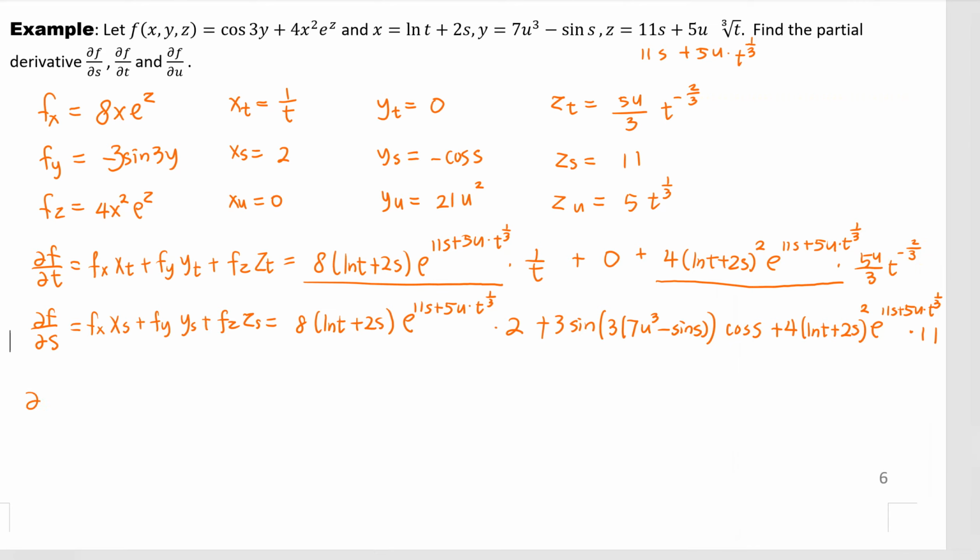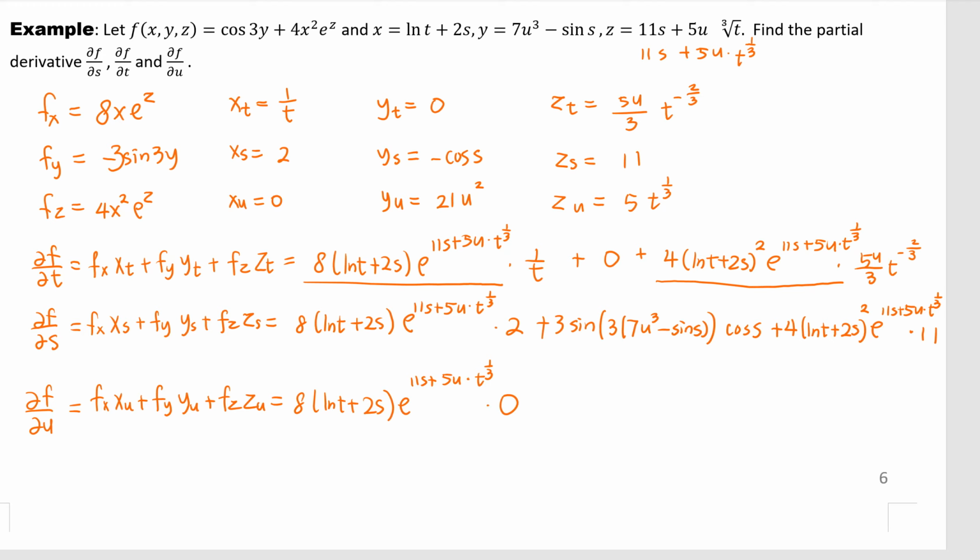And then partial f partial u: fx xu, fy yu, fz zu. fx is still the same, but times xu, which is 0, I don't need to copy it.